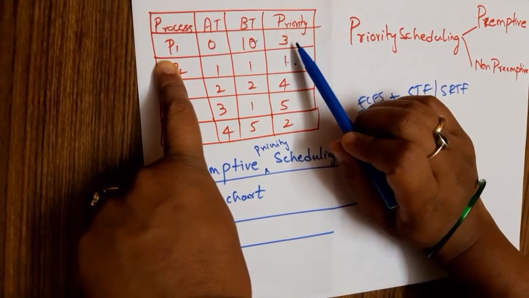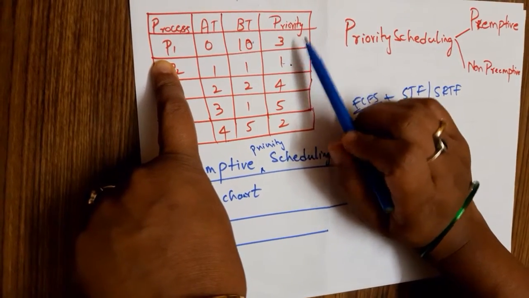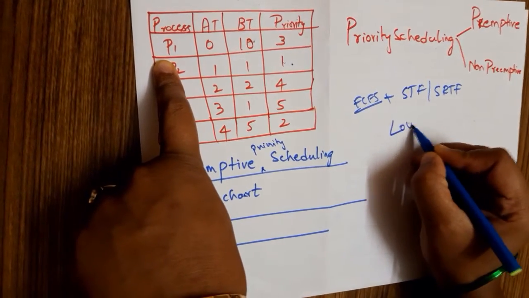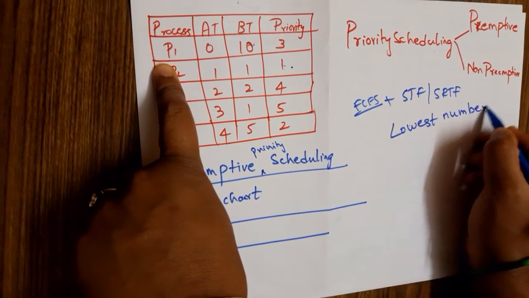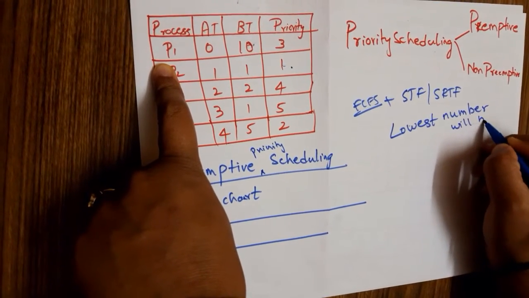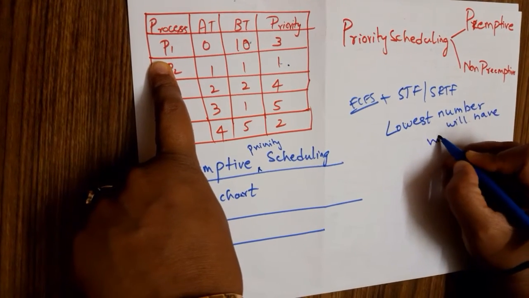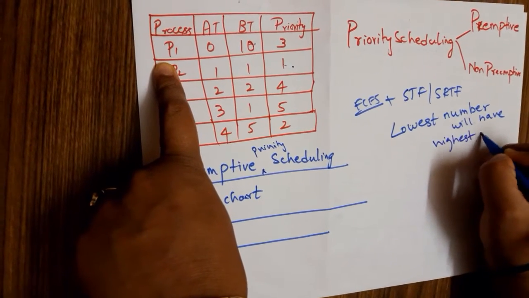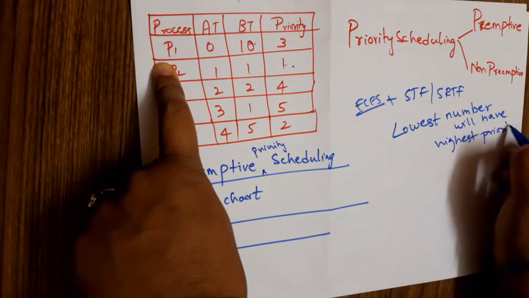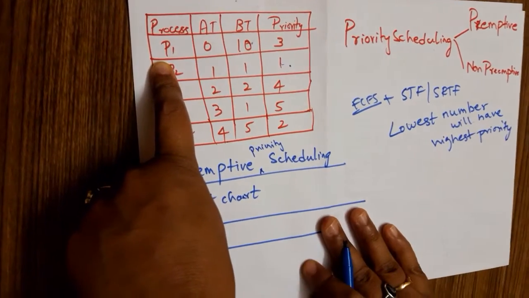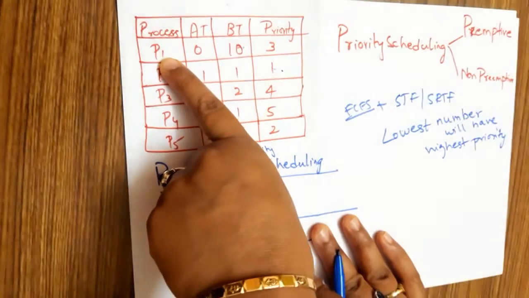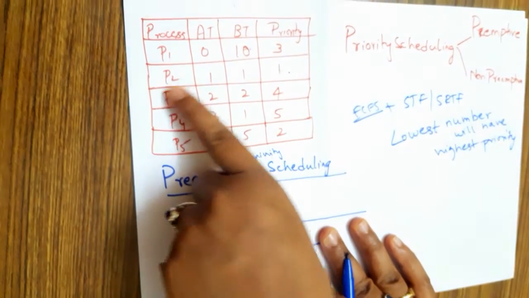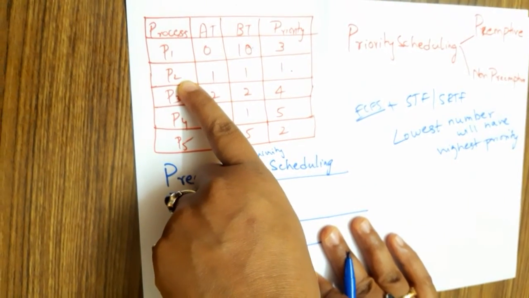The priority of process P2 is 1 and process P1's priority is 3. Always remember, when you are solving priority scheduling, the lowest number has the highest priority. So now you need to stop or pause process P1 and give importance to process P2 to execute. Why?